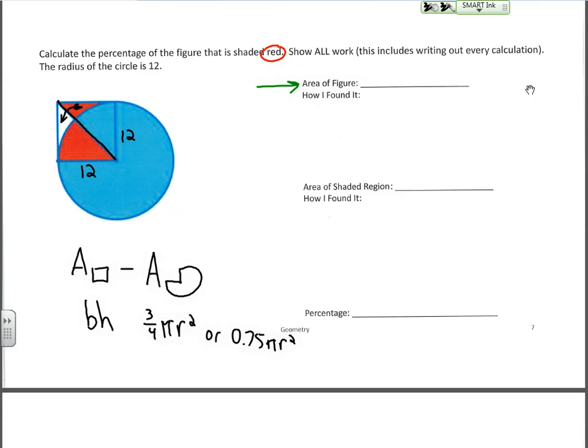And so you realize, oh, okay, that red shaded section is really just half the area of the square. And you can get your percentage of the shaded region by taking part divided by whole, which for our purposes is the shaded area divided by the whole area. Okay? All right.